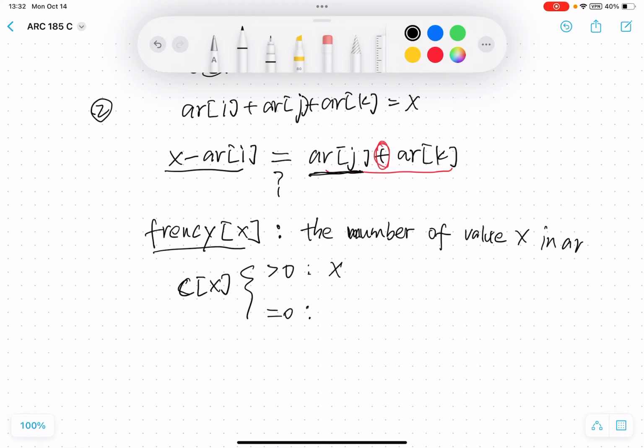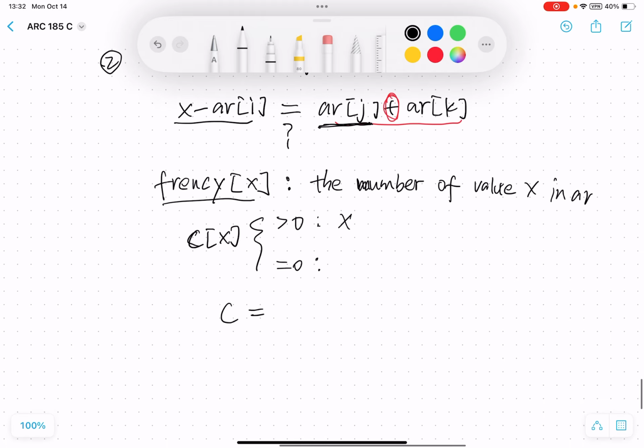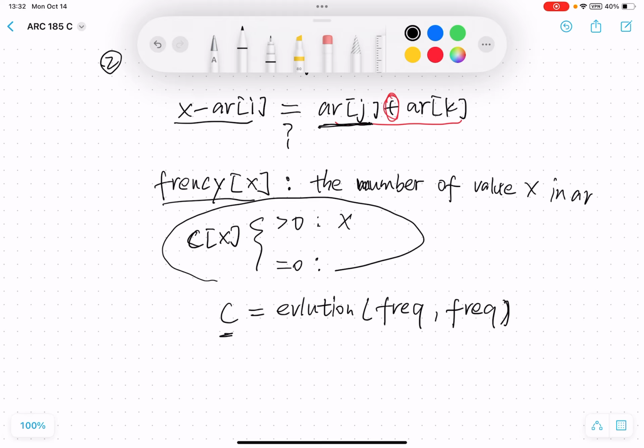So we can get C equal to the convolution of the frequency array with itself, so we can get the array C. The definition of C is this.